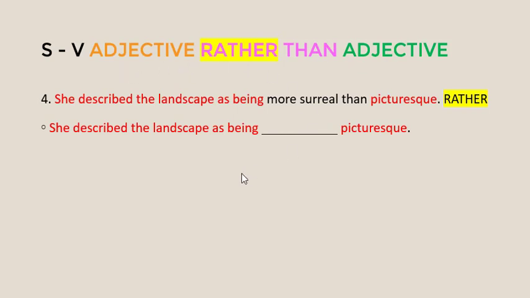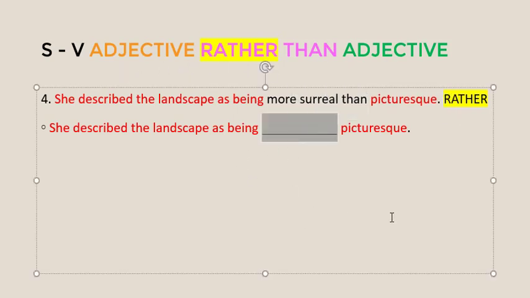Okay, let's use the pattern. She described the landscape as being, use the first adjective, surreal, and then continue the pattern, rather than, and then the second adjective, picturesque. This is the answer for number 4.